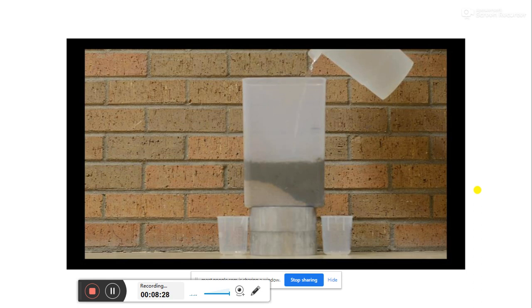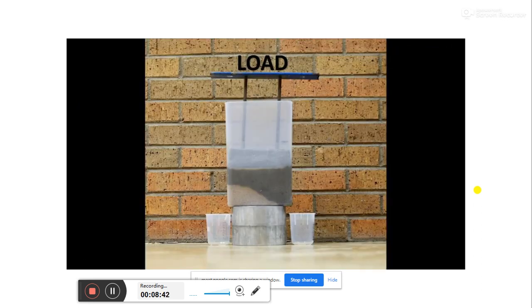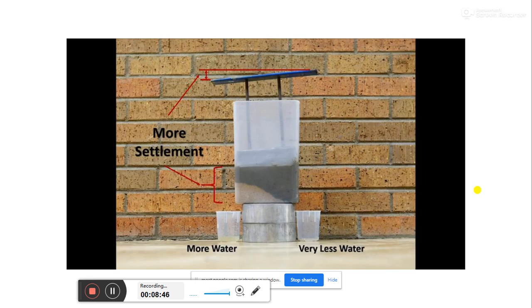Then a load is applied over the sample and the consolidation phenomenon takes place. After some time, it is seen that the half with the sand has settled a little bit more because the pore water has dissipated more from that half.